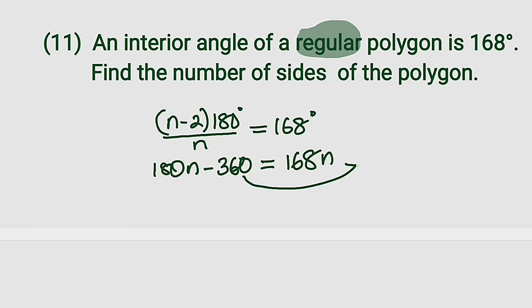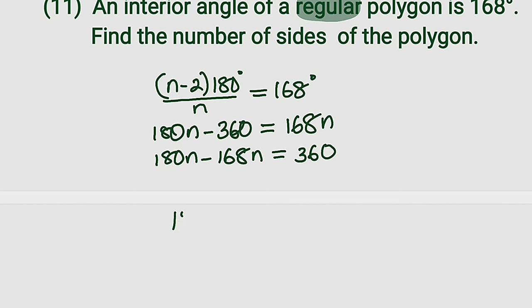Alright, let us collect the like terms. You can take this one to the other side and bring this one backward. So we have 180n minus 168n, and this is equal to 360 degrees. And 180 minus 168 will give us 12.